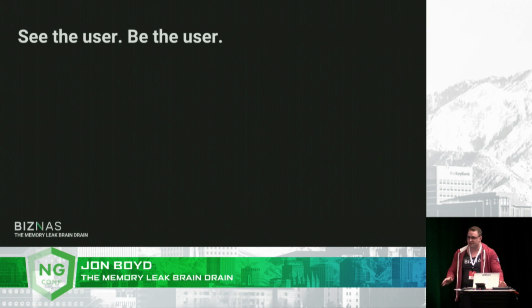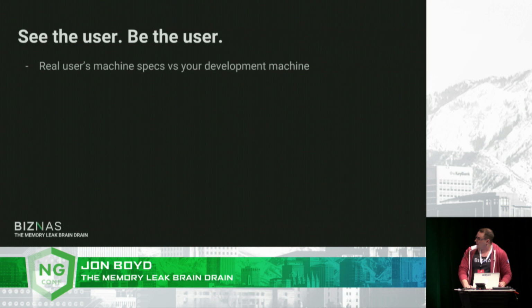So it doesn't matter if these leaks are really small or really big, if you're leaking next to no memory or a ton, because you have to imagine the user's use case versus what your development machine is. And when I'm working on projects, Webpack's running, a dev server, it's refreshing every 30 seconds maybe even more. If there's a tiny memory leak, you're never going to notice it in that scenario.